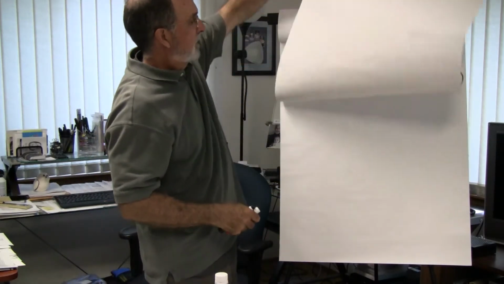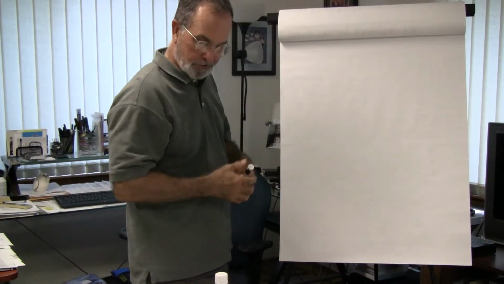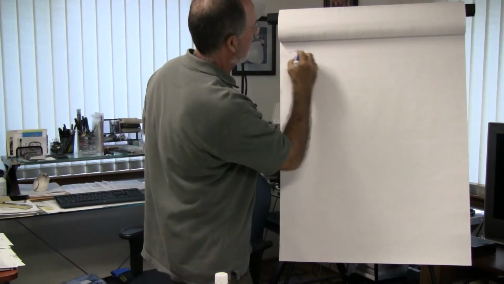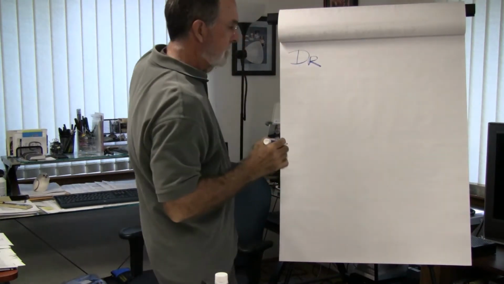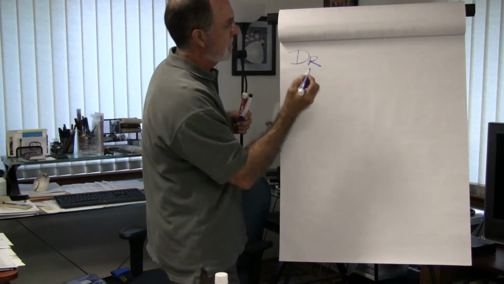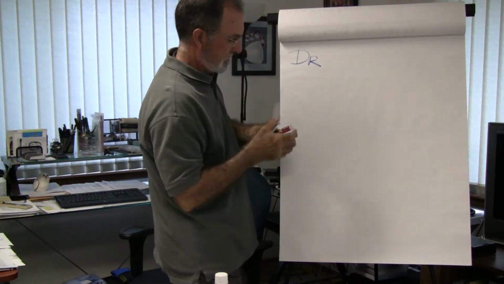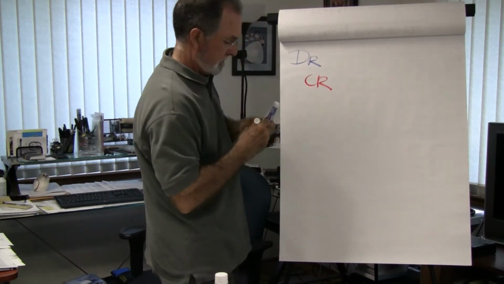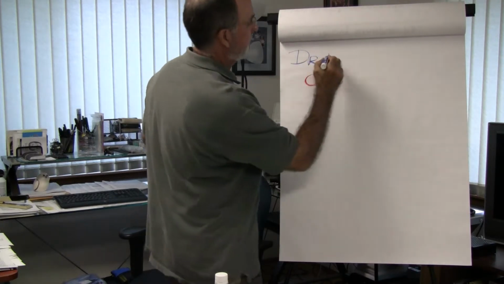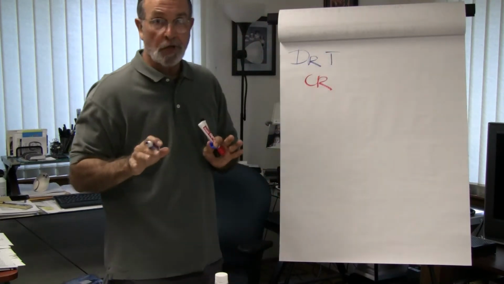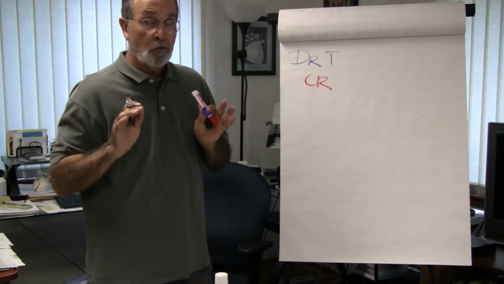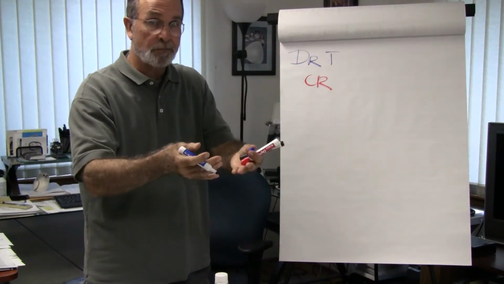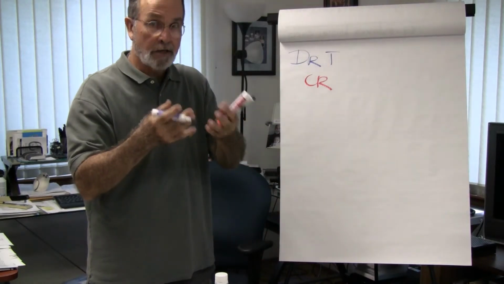Let me illustrate how that works. When we make the interest payment, we would debit, remember, we are the borrower, and so we are making those interest payments to our lenders.